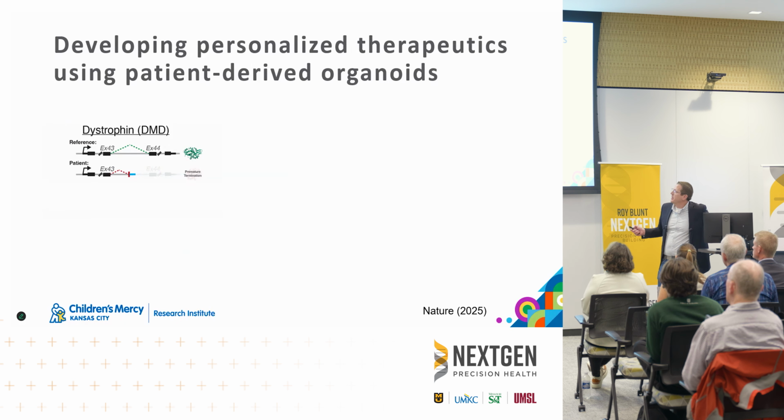Now, one of our motivations to do this was a 2019 study from Tim Yu's group at Boston Children's, really an amazing study where they took a patient with a condition called Batten syndrome. That patient had a retrotransposon insertion in the causal gene, so they had a splice disruption, really the same mechanism we just talked about for DMD.